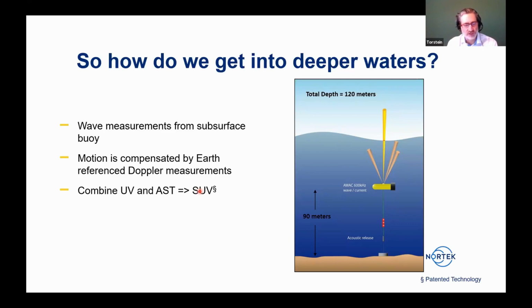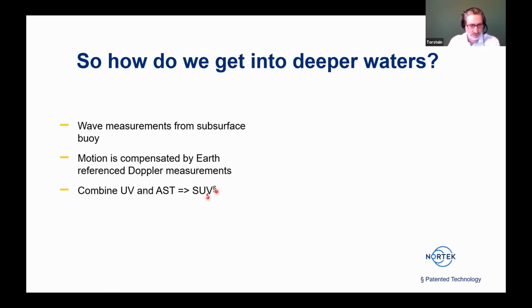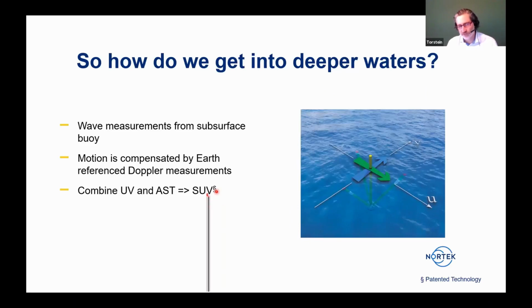And we call this the SUV method, where you have the surface and the two orbital components in the horizontal plane, the U and V. So it looks something like this, which is familiar to what our PUV was.